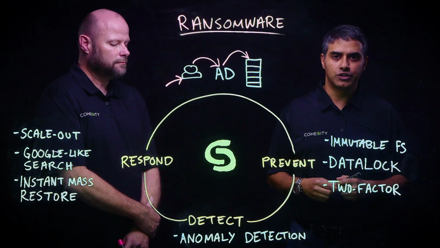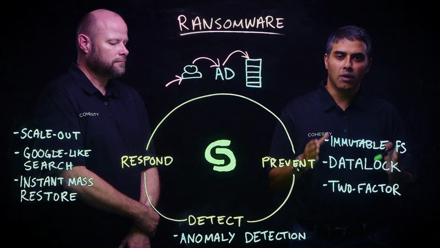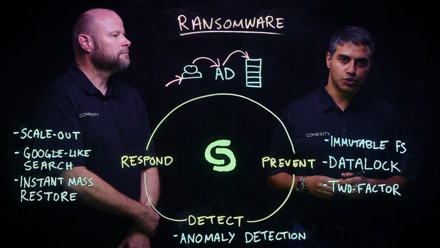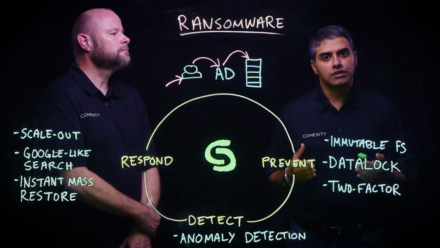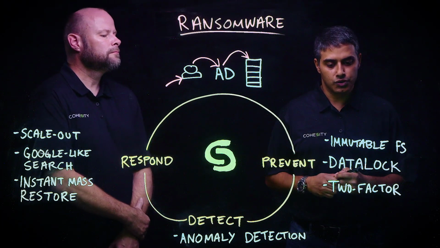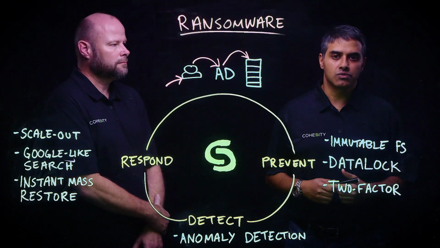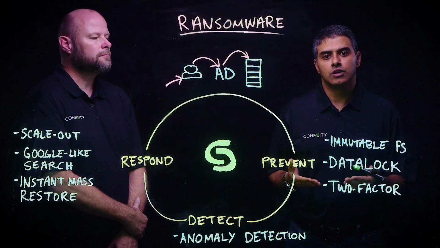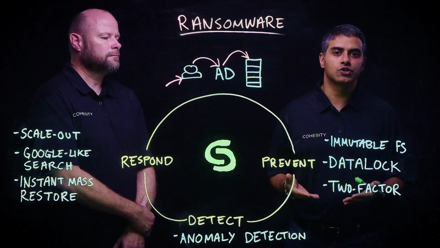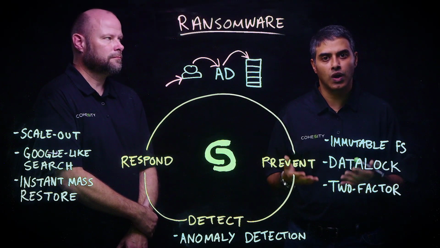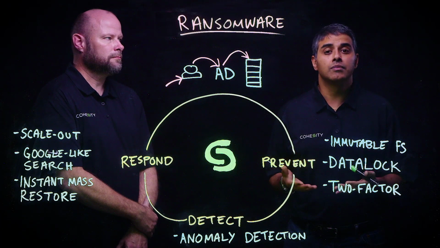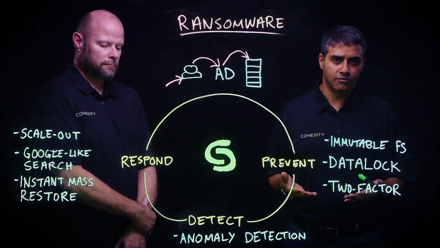Looking at prevention first. As a multi-pronged solution, there are multiple lines of defense in a Cohesity solution. The immutable file system, our underlying technology, SpanFS, is a distributed file system that allows enterprises to have unlimited snaps on the platform.